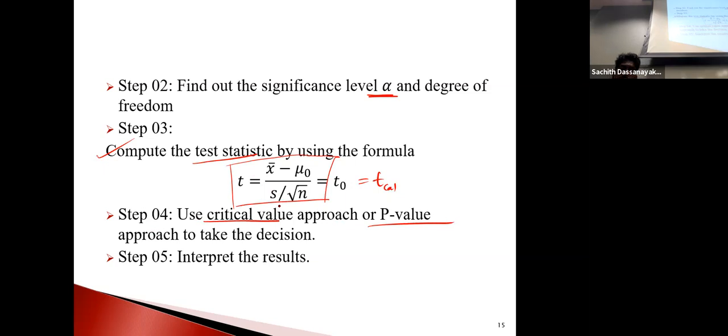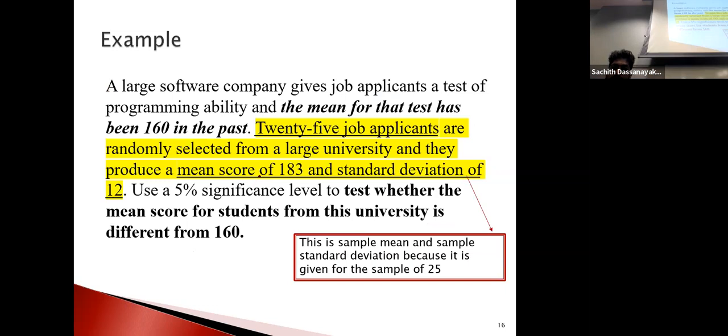Simply find the critical value or p-value and decide to reject H naught or not reject H naught. Finally, interpret your results, not what you have done, but what you get from this comparison. Okay, let's do this example.